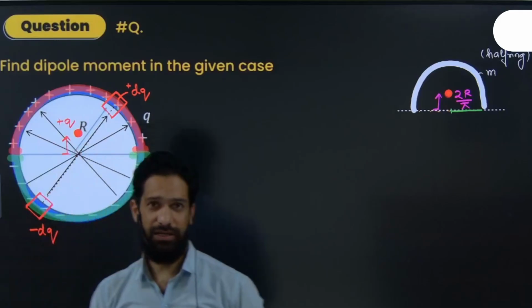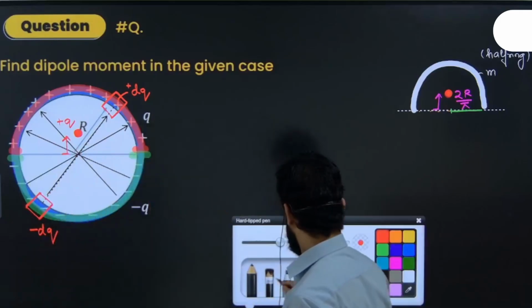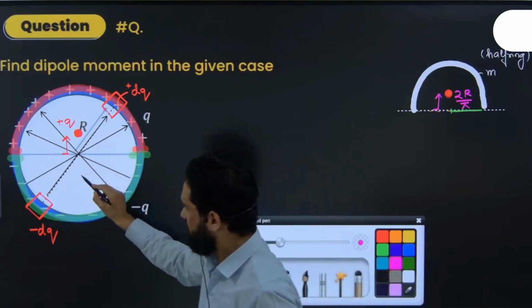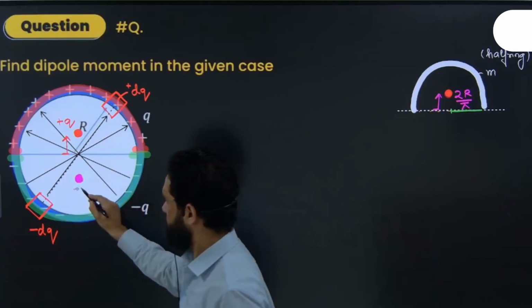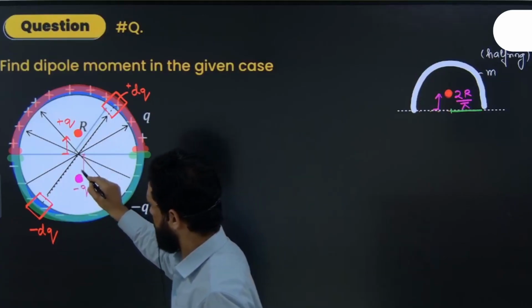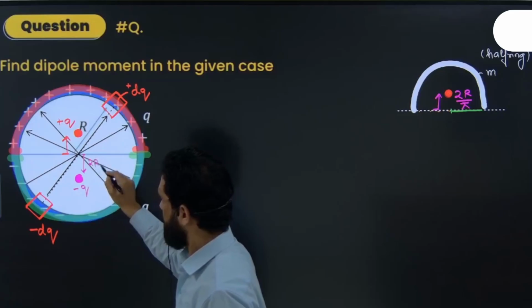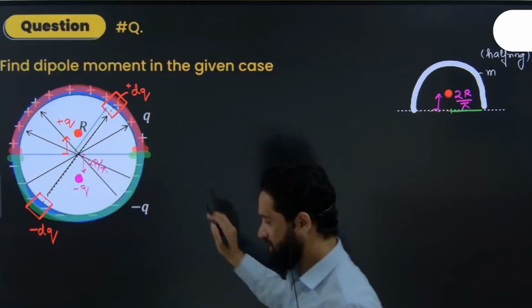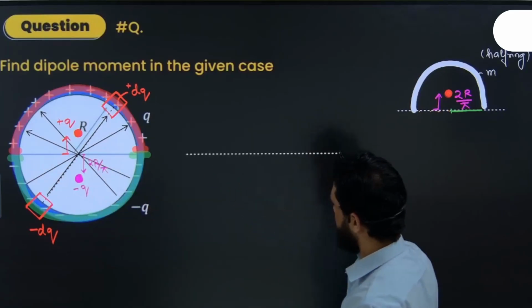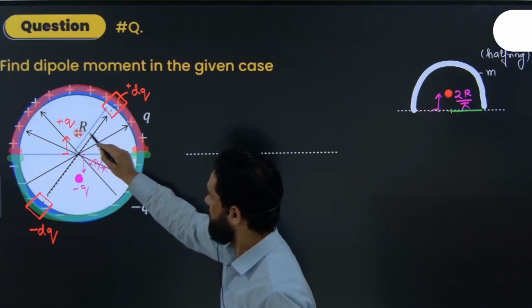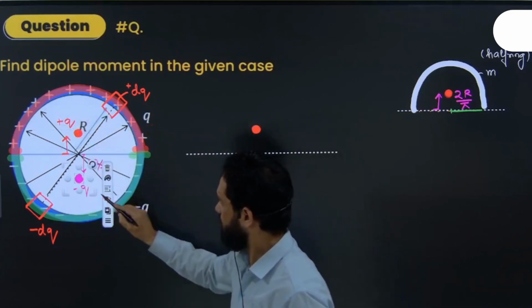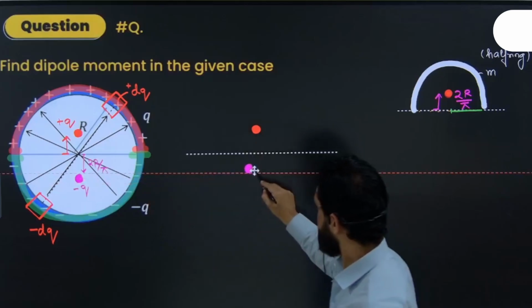In the same manner, we can imagine that the negative part is also having charge of minus q, and it's also at a distance of 2r by pi from this diametrical axis. So technically you have now a diametrical axis and this is having two charges. One is plus q and there is minus q.